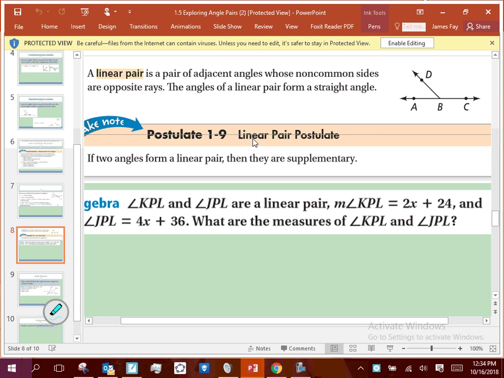The linear pair is a pair of adjacent angles whose non-common sides are opposite rays. Does it say anywhere within that definition anything about supplementary or the number 180? No. Okay? It says opposite rays, right? Okay? So that vocabulary word doesn't really lead me anywhere yet. But look down there in that postulate. It says that if two angles form a linear pair, which is what we're saying, right?